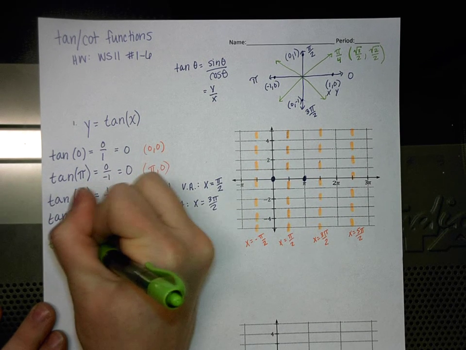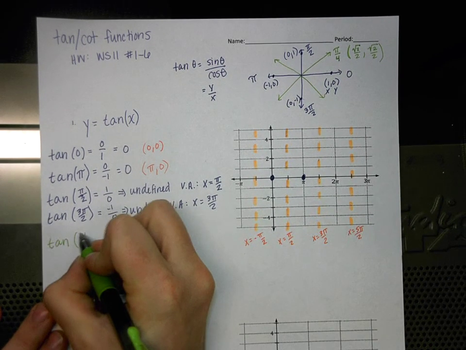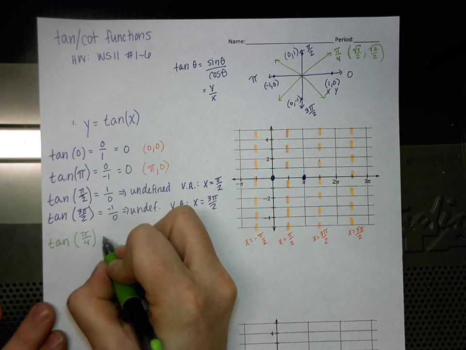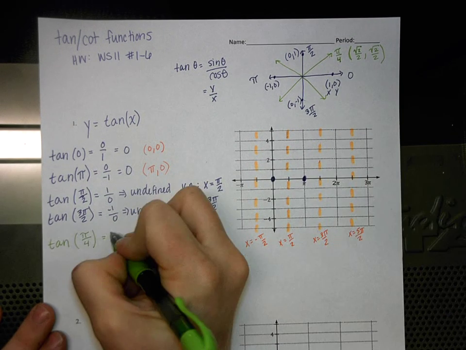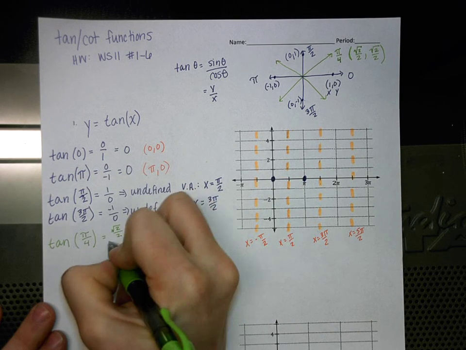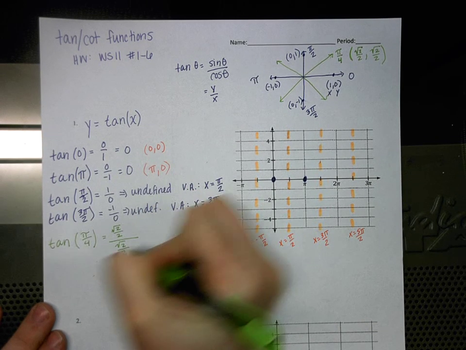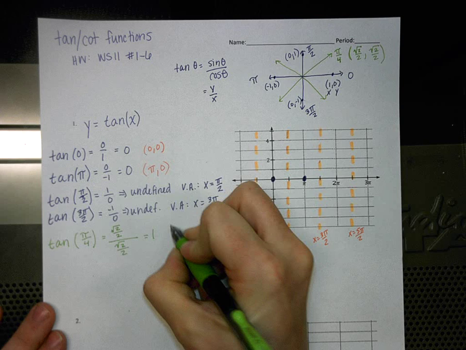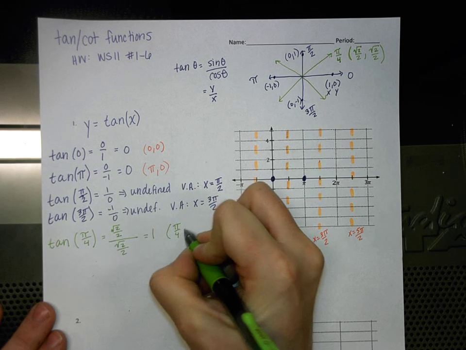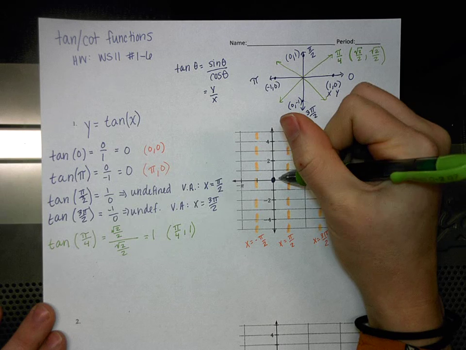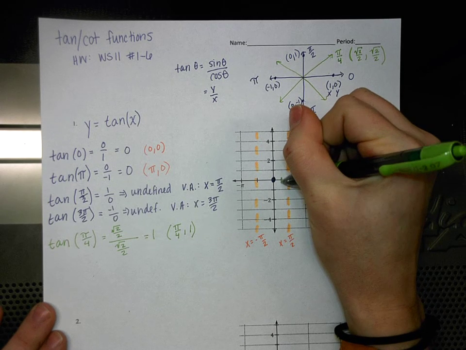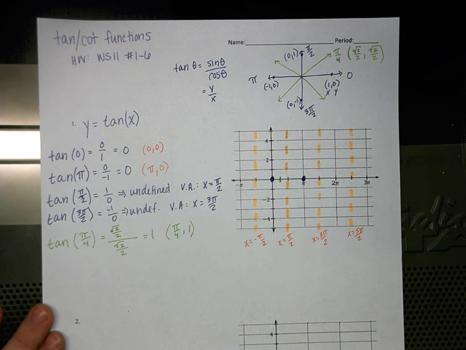So tangent of pi over 4, we know that's root 2 over 2 over root 2 over 2, which equals 1. So this is pi over 4, 1. All right. Pi over 4 is in between 0 and pi over 2.